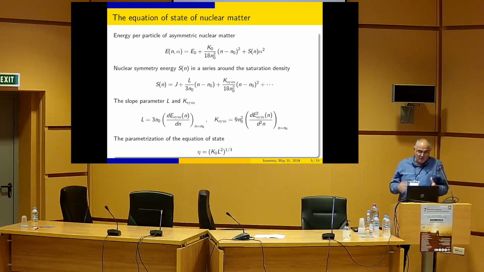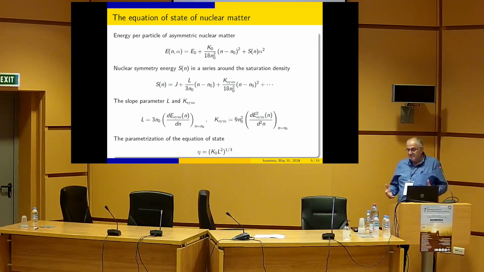Now we use this functional to calculate the bulk properties of finite nuclei, and we are also going to apply it to calculate neutron star properties.